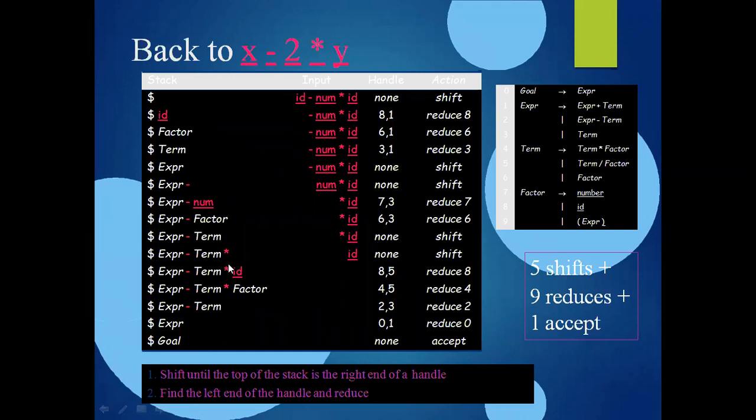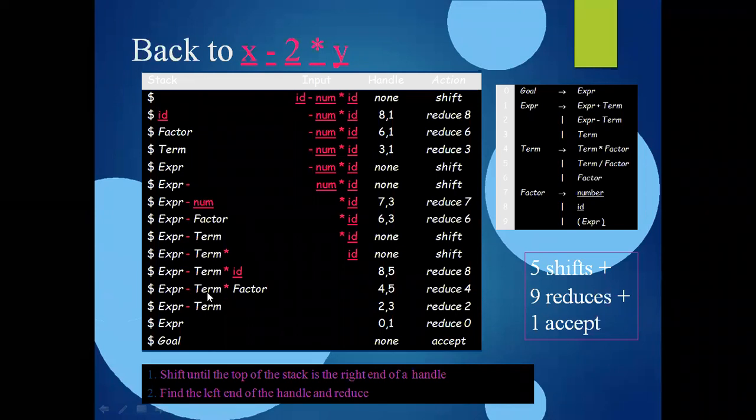And after performing the shift operation, now at ID, I am replacing the terminal ID with the variables. What is the variable that I need here? 4. What is the fourth one? Term tends to term into factor. Term tends to term into factor is the fourth one. So we need to write 4, 4.